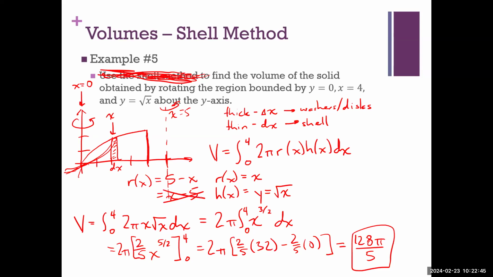So 5 minus x is what I would really prefer. With any of these volumes, if you're getting something negative, that should let you know you're switching. It might tell you to flip the sign and you have your volume, provided you did everything else correctly. But that should be a red flag: if you get a negative volume, that should be a clue that you defined something incorrectly, or that there's an error somewhere.